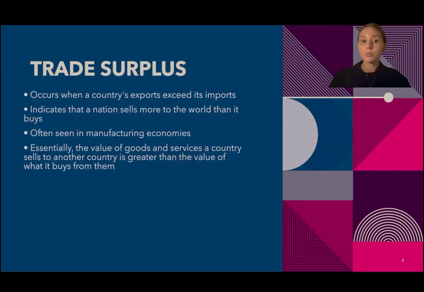Those are very large nations for exporting. We have China for almost everything that we use, clothing, anything you pick up is just made in China. And then we have Germany, which produces cars and vehicles.